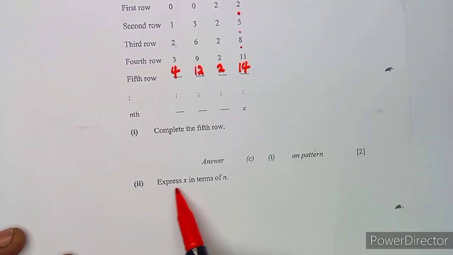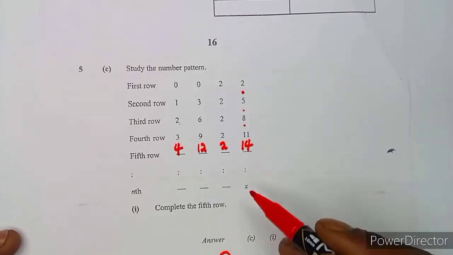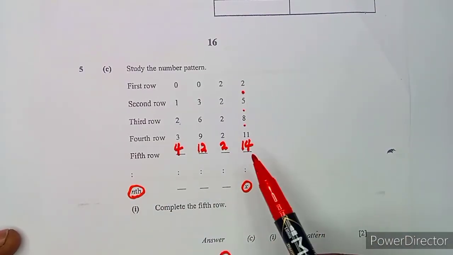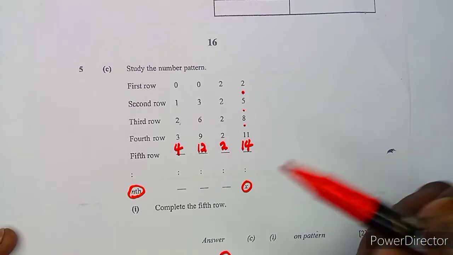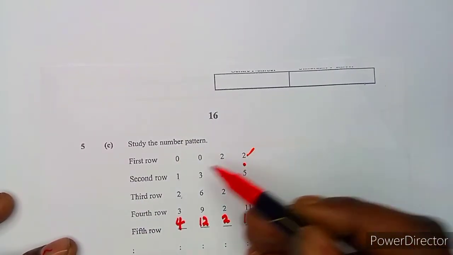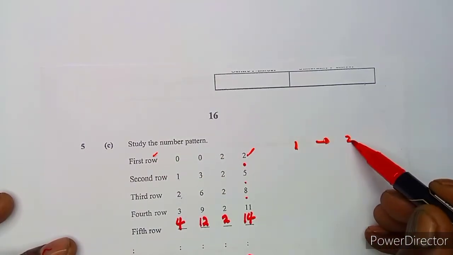And the last part is to express x in terms of n. This x here, in terms of the row here. So there's a relationship between this number here, like this is your x, like this 2, and the first row. When you are given the first row, the number is 2.